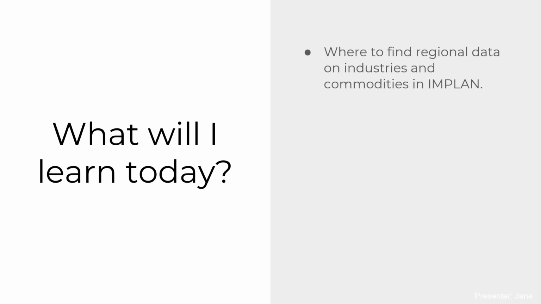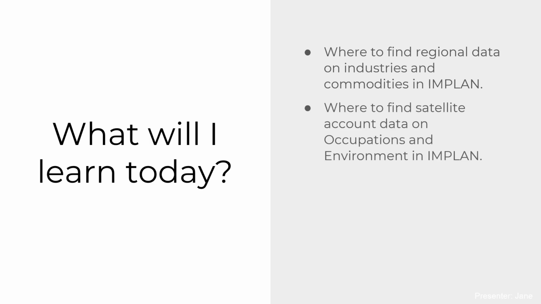So what are we going to cover specifically today? We're going to talk about where to find regional data, primarily on industries and commodities in IMPLAN. Most of this is on the economic impact side of IMPLAN Cloud. Also, where to find satellite account information on occupations and the environment.